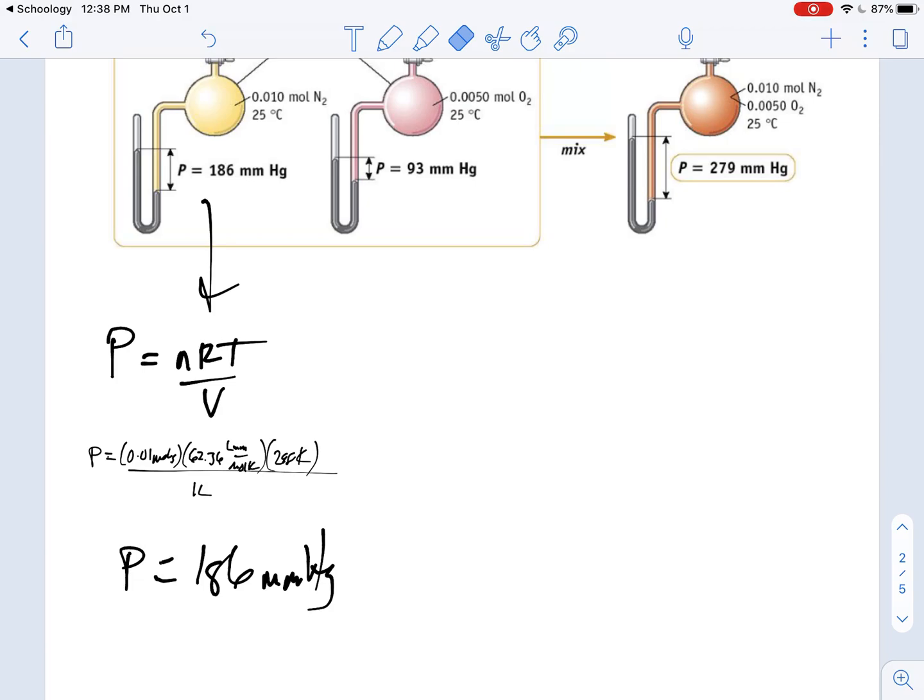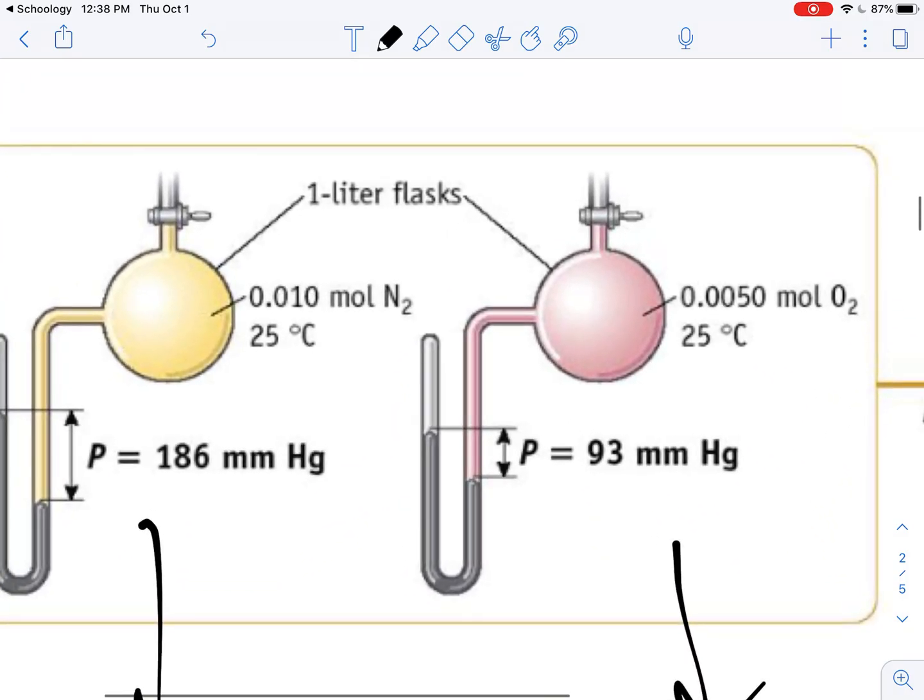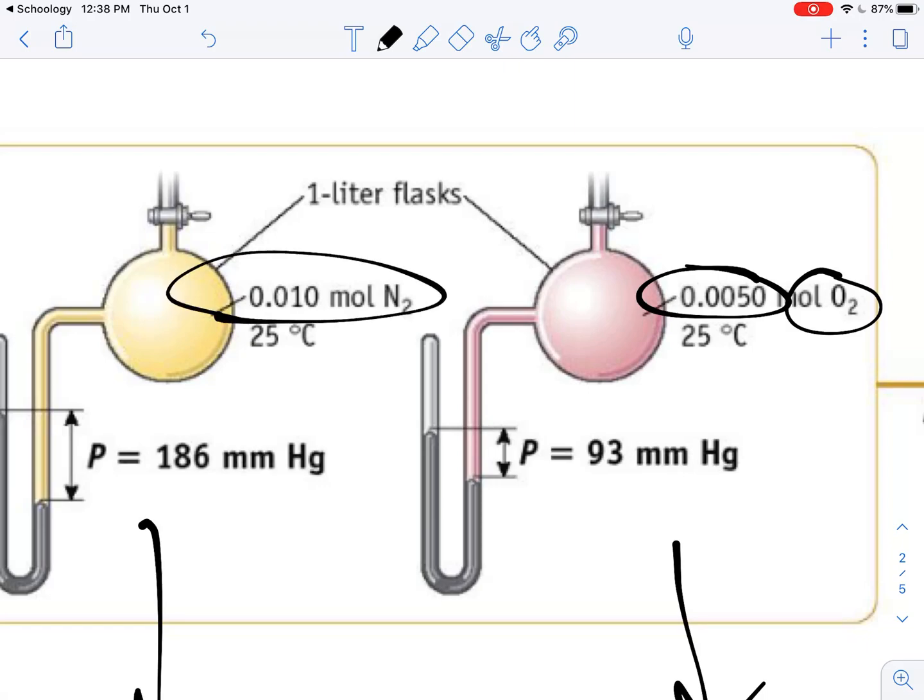Now, please note that in our second container over here, which is also P equals nRT over V, the pressure is going to be found by the same process, but the only difference in our pink container versus our orange container is that our pink container has half the number of moles of oxygen, whereas this has twice the number of moles of nitrogen.